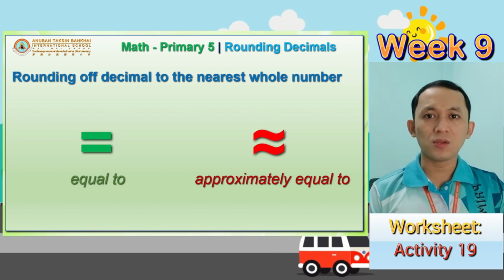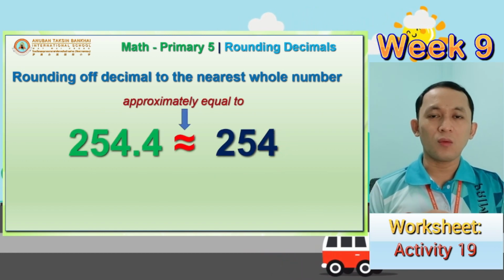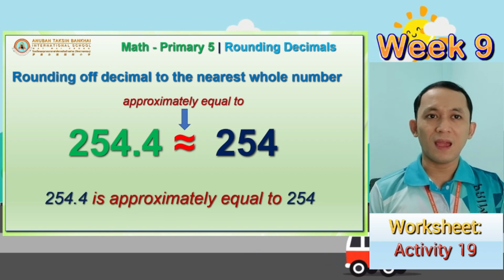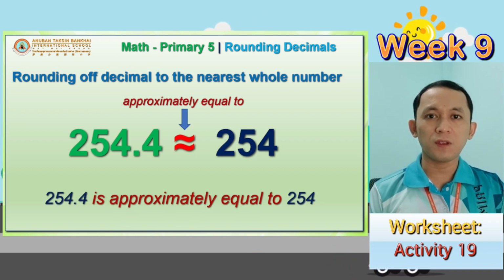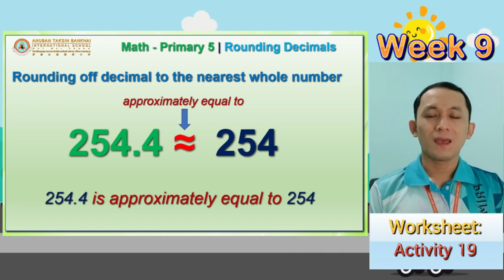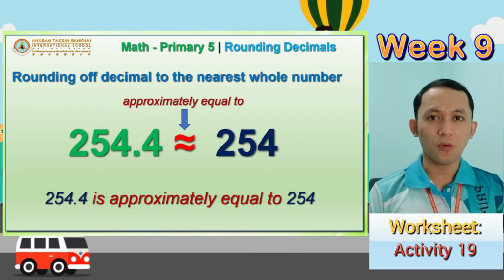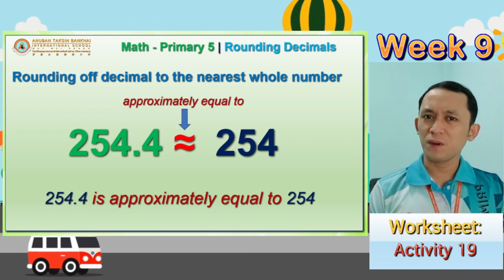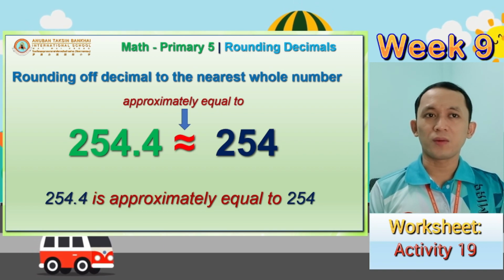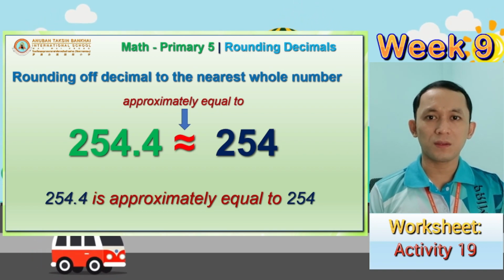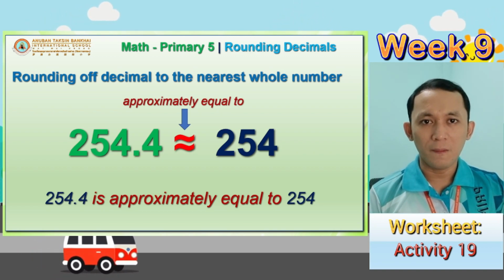So going back to our example, we can therefore read it as 254.4 is approximately equal to 254. Very easy in rounding off a decimal to the nearest whole number.